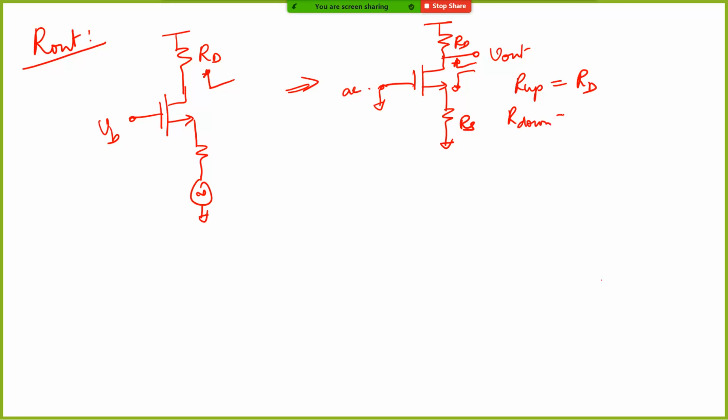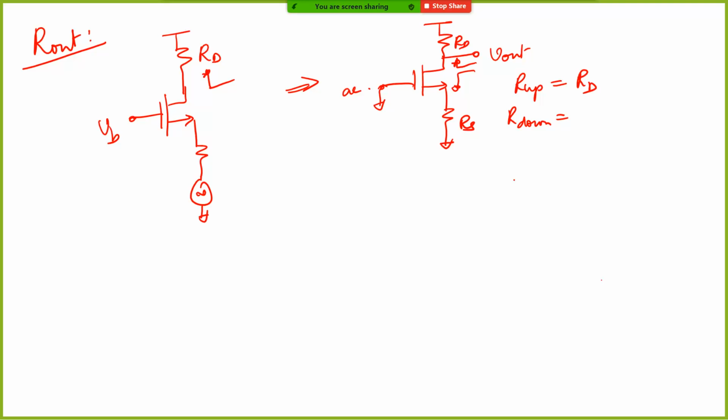Can you tell me what will be the impedance? R naught plus RS. Is it just R naught plus RS? We have derived this in the case of cascode current mirror or current sources.